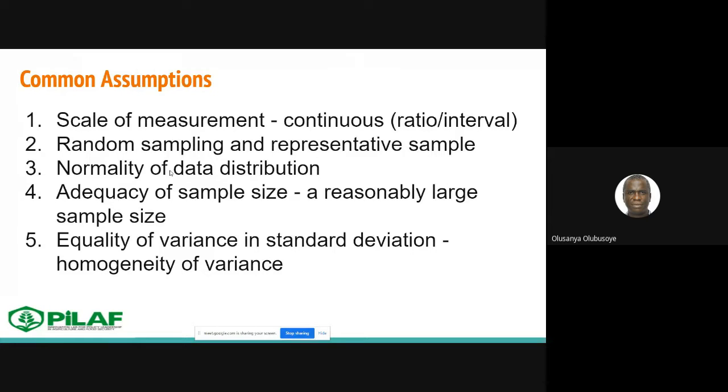The second question is whether the sample is randomly selected. So you need to establish that the sample selection process, or the process that generates the data, is random. It's not only random, it's representative.